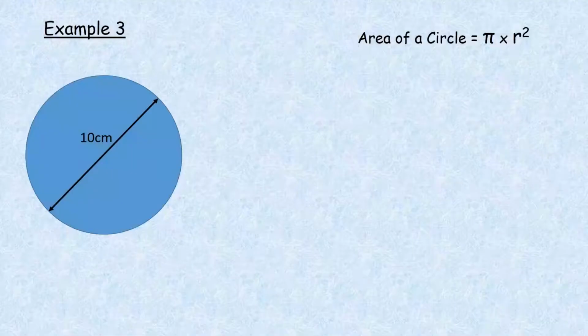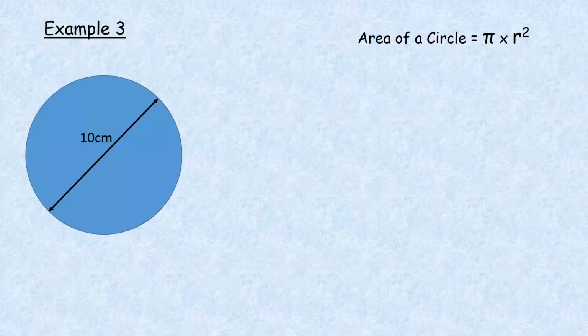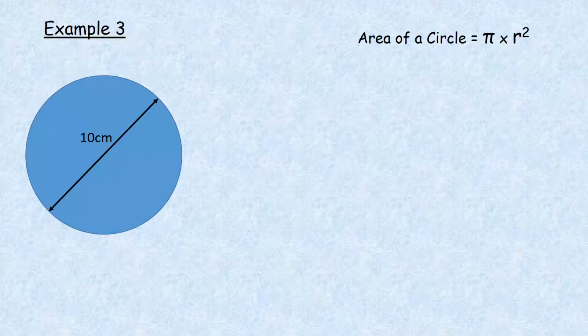Right, so let's look at our last example now. So this one, we're not given a radius here.